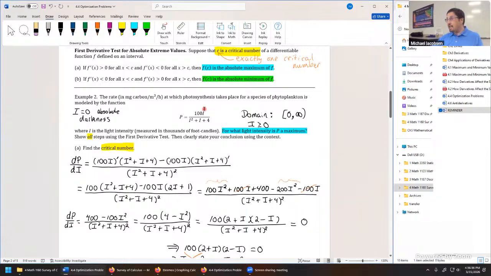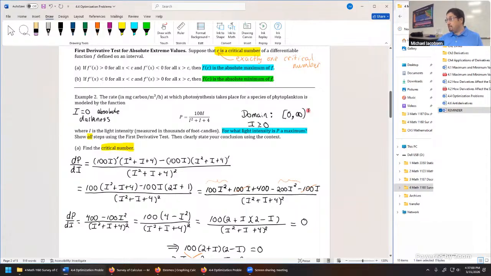The independent variable is I. I is going to be the light intensity in this lab where we're growing this phytoplankton. It's measured in 1,000-foot candles, and we read into the context to assume 0 means total darkness, since we're thinking about light intensity. And so the domain is I greater than or equal to 0, or as an interval notation, from 0 to infinity.